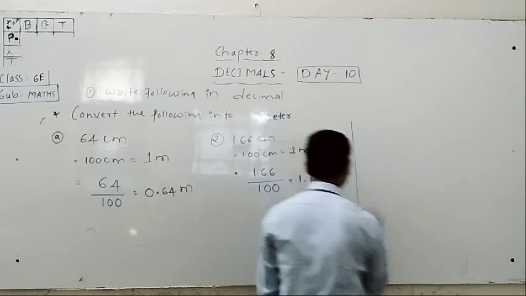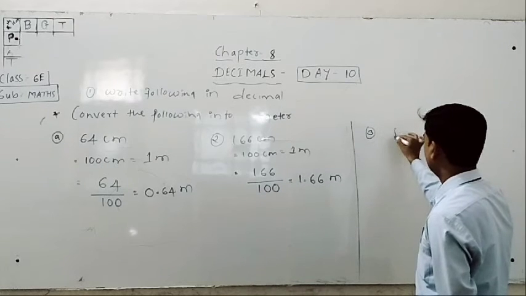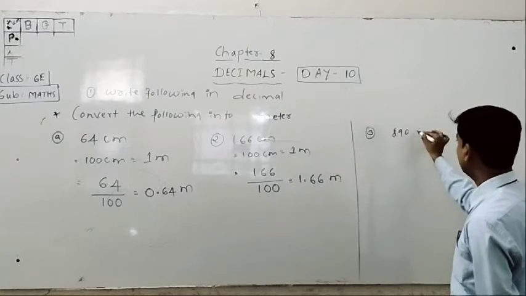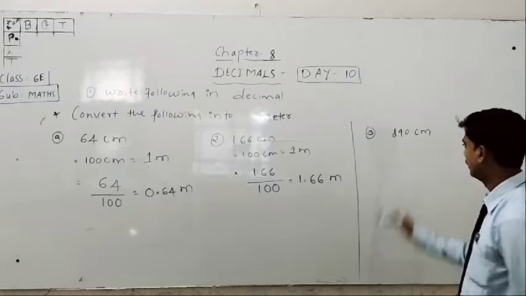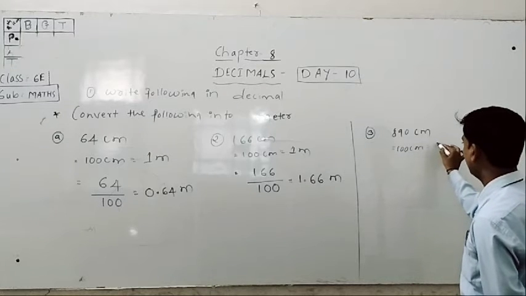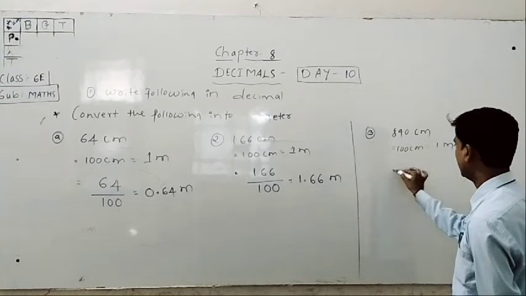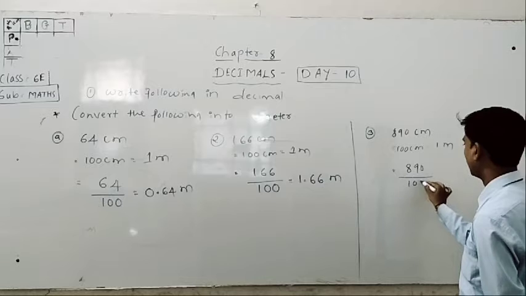Okay, next one, third one. 890 centimeter we should convert into meter. Then 100 cm equal to 1 meter. Is it right? Then it is equal to 890 by 100.